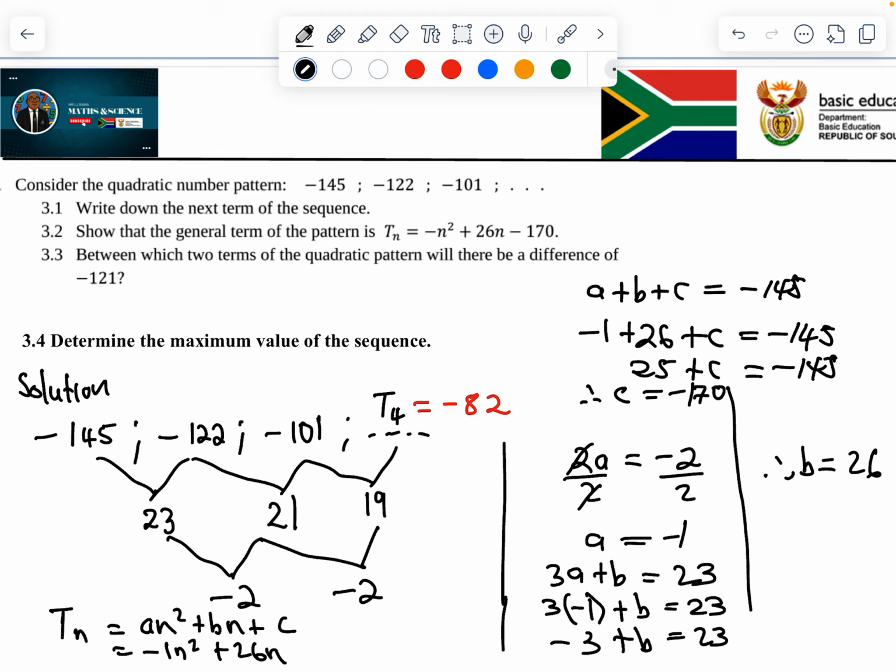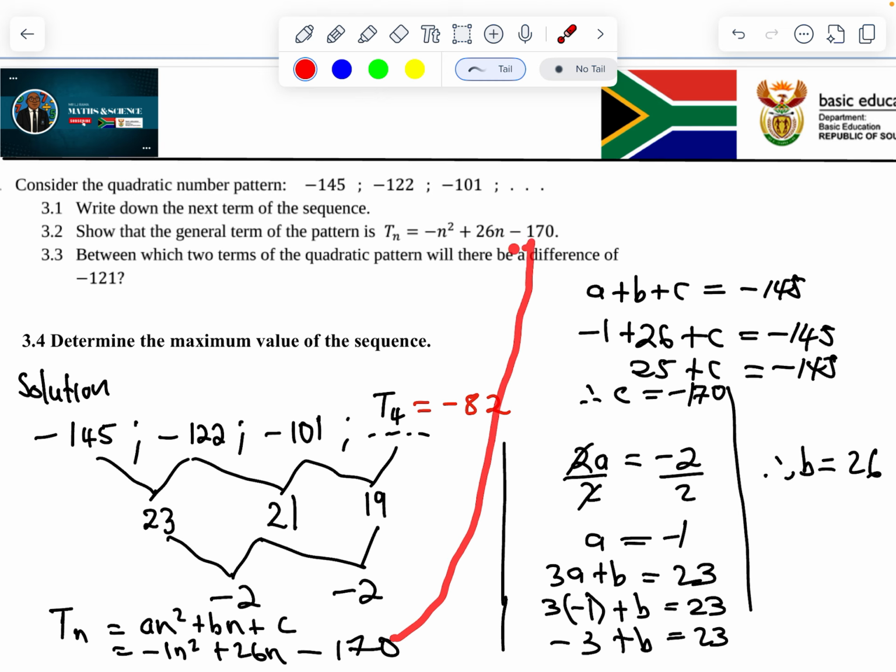And lastly, our C is minus 170, which is basically the same as the expression we were given. So we have shown that the general term of this pattern is this. That is it for 3.2.